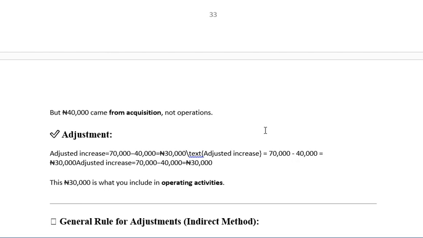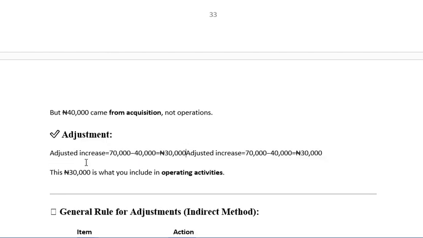40,000 came from the date of acquisition, not from operation. Do you understand? Okay, so 40,000 was what we had at the date of acquisition.